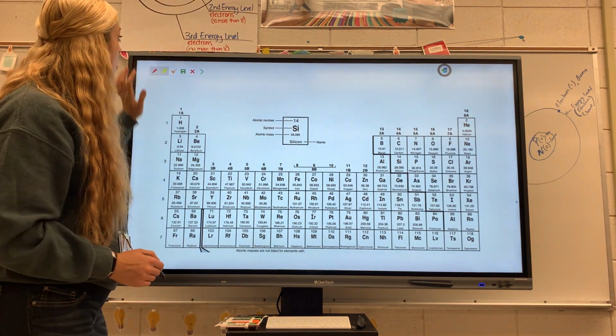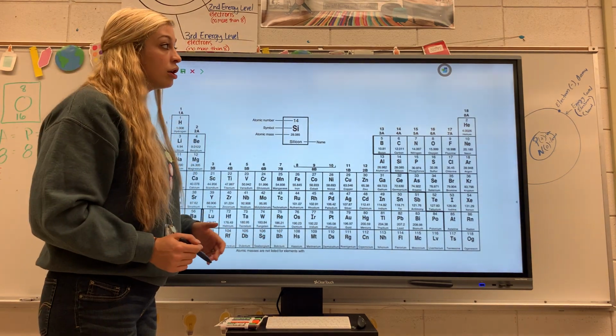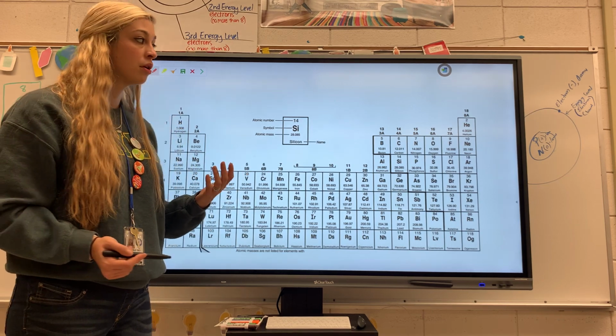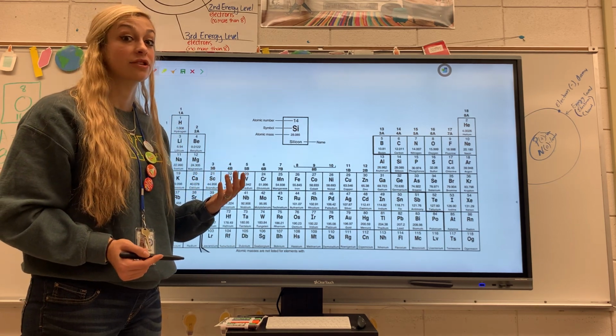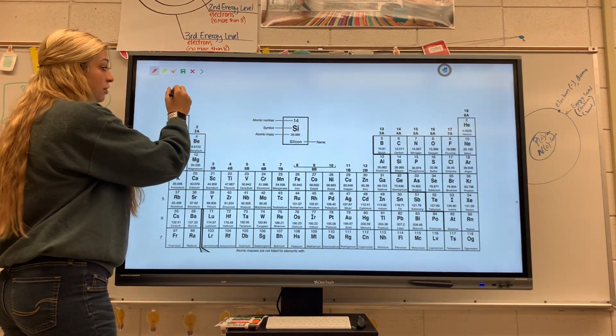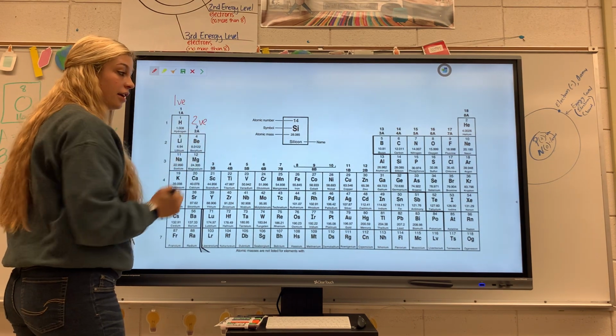Okay, the last thing I want to look at is the periodic table. So if I'm using a periodic table on a test, there's a few things I want to do. I want to label valence electrons first. That's important. So group 1 has 1 VE, 2 VE.